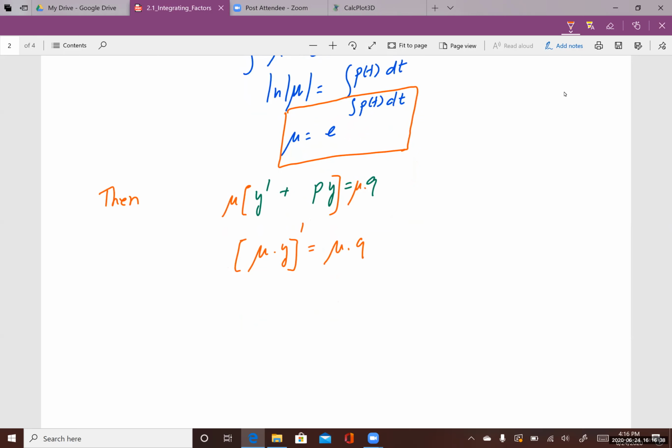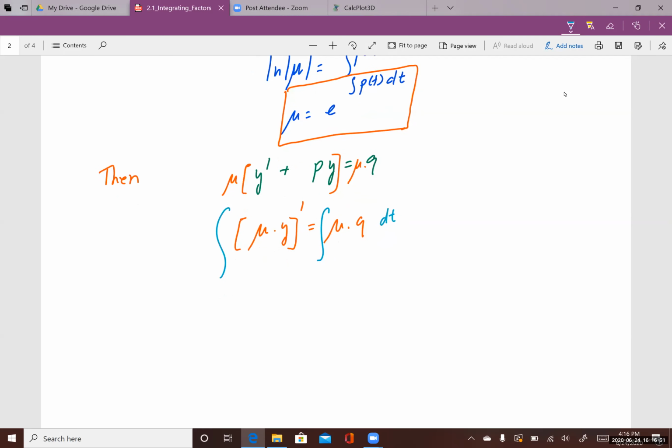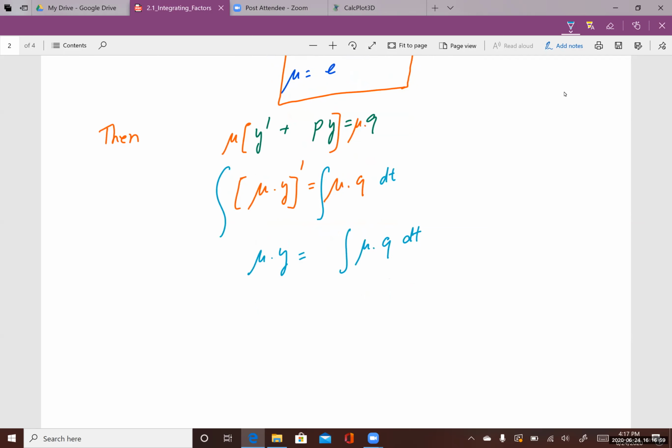Okay. And how can we solve for y? Again, solving for y is our goal. At this point, we just integrate both sides in terms of t. Integrating the left side, you will have mu times y equals the integral of mu times q dt. And once you integrate, you should have a constant.